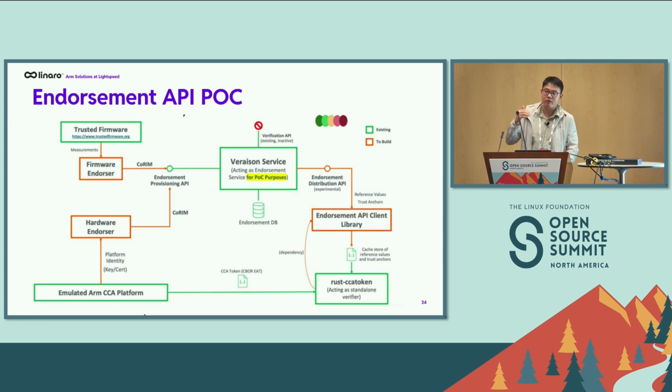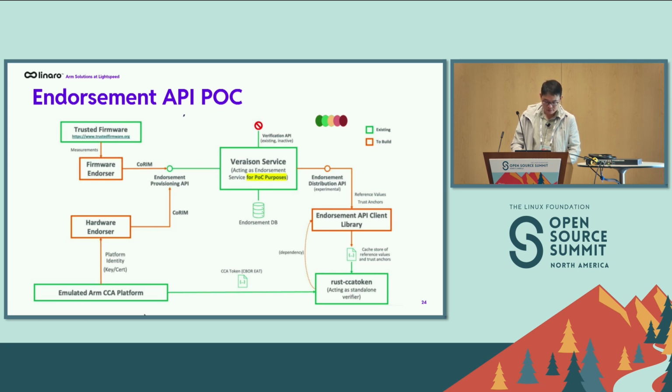When we do the local verification, we can just get the trusted voucher and the reference values from the local cache service and do the local appraisal. In that way, we can get rid of the long-term HTTP requests or something like that.